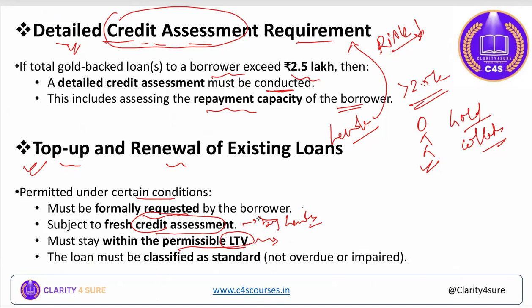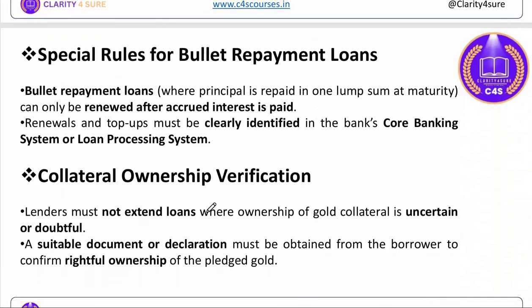It should not cross the LTV value of 80% or 75%, it should be under the permissible LTV value under the RBI guideline. And the loan must be classified as standard, means it should not be overdue or impaired. So these are the conditions in order to get the top up in their credit or renew their existing loans. All right. Now coming to the next slide.